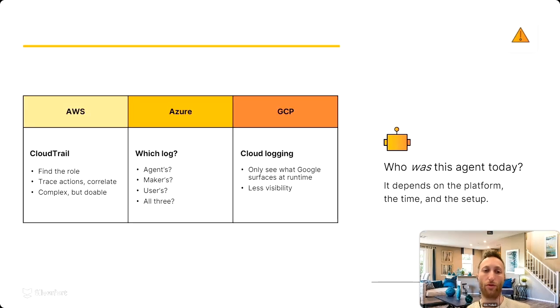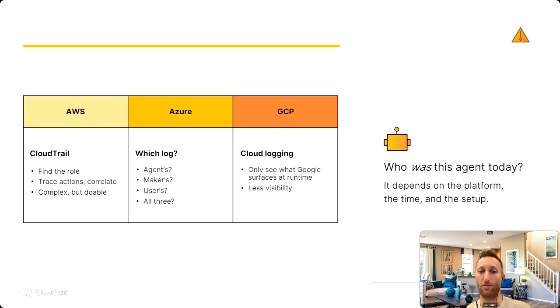So let's walk through each platform, okay? In AWS, you check CloudTrail, you find the role, you trace the action, right? It's complex, but it's very doable. The data is there, you own the infrastructure, and you have all the tools and the visibility that you need to do it. In Azure, it gets a little bit more complex. Which log do you check?